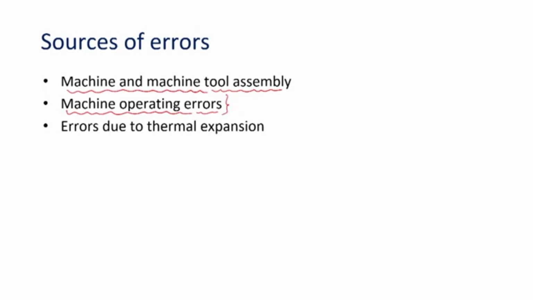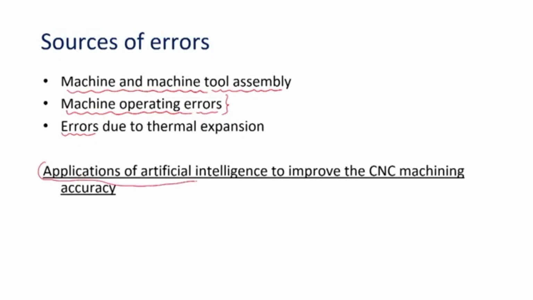So, in such cases we can apply artificial intelligence to improve the CNC machining accuracy. Artificial intelligence is being used to rectify these errors by adjusting the process parameters. Consider there is a thermal expansion, and due to the thermal expansion we may not reach a certain point. Accordingly the controller will take action and give an extra input to the DC motor to reach that particular point.